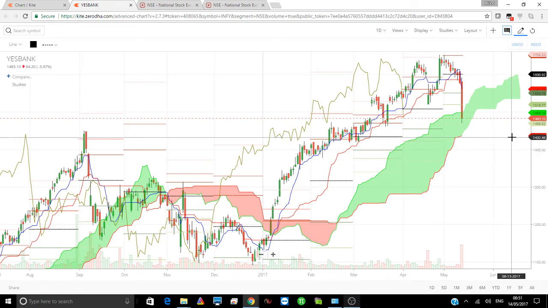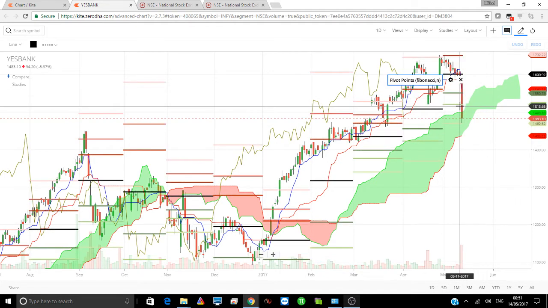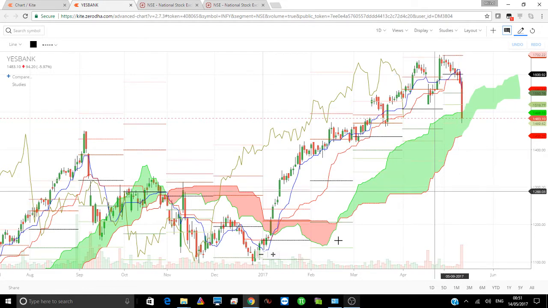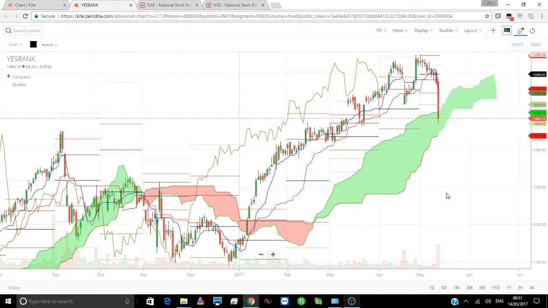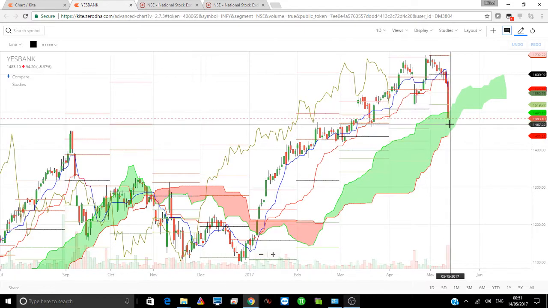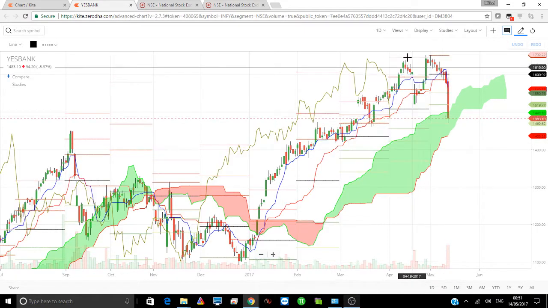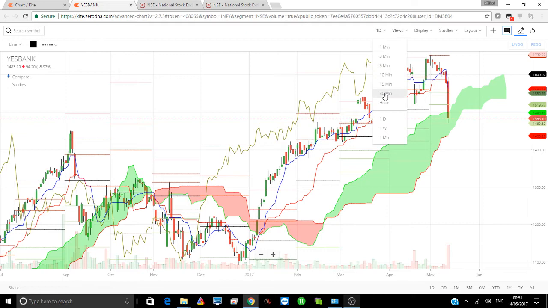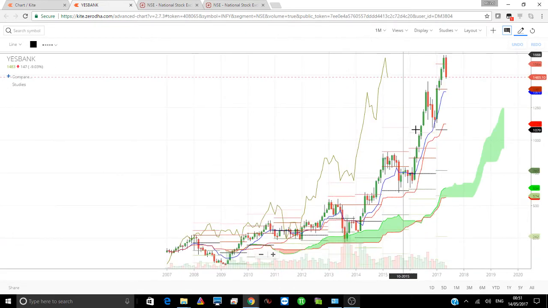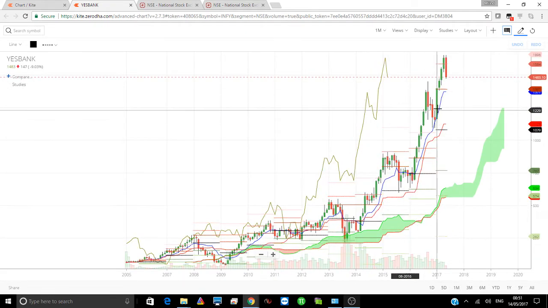But would I even think of buying it at this point in time? No. My hard-earned money is not so cheap to let it fall. But if you really look at the monthlies, wow, the monthly is looking extremely good.